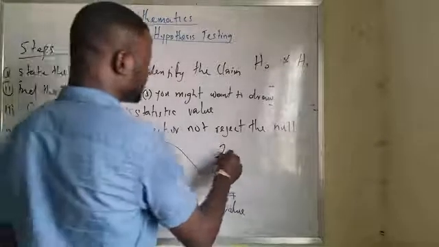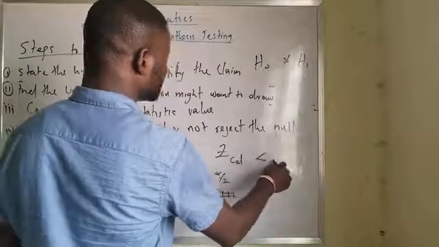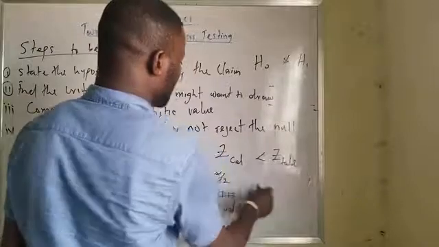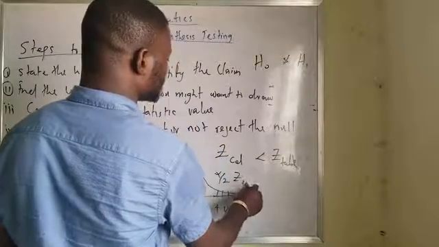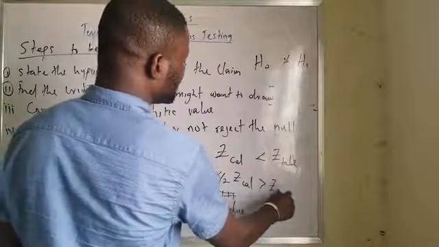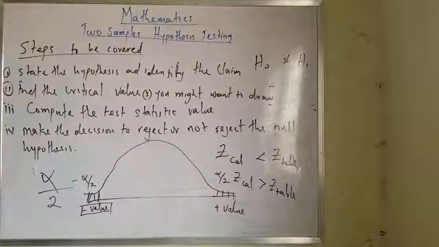If my Z calculated is less than Z table, or if my Z calculated is greater than Z table, I will draw my conclusion from here: accept or reject.